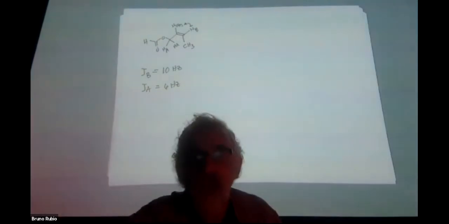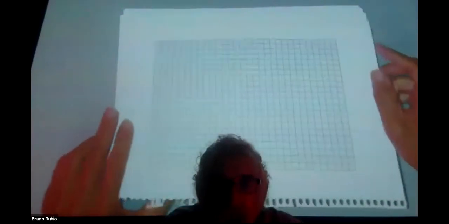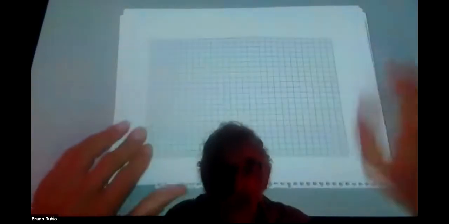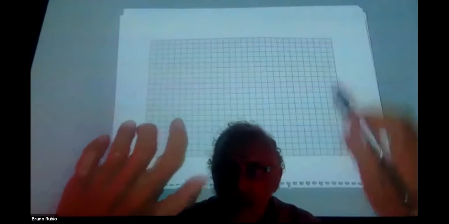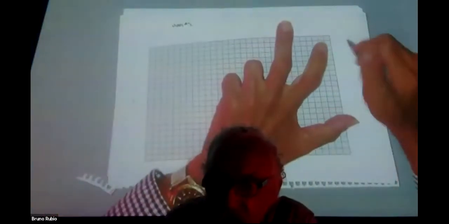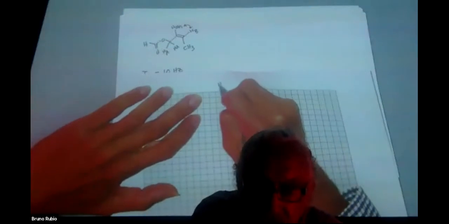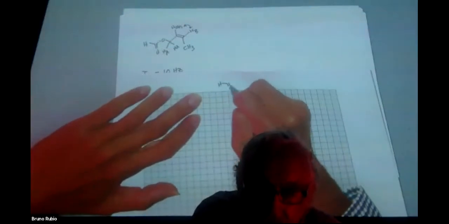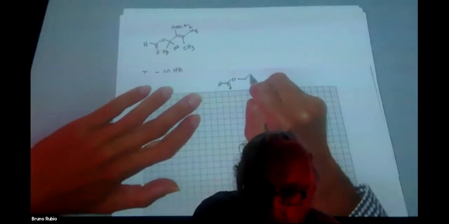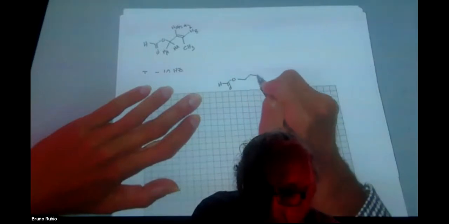At the risk of this being a total flop, I got some graph paper. So I'm going to try to do this on some graph paper. So I'll just make a synopsis over here. What's the molecule we're looking at? Molecule we're looking at is this.